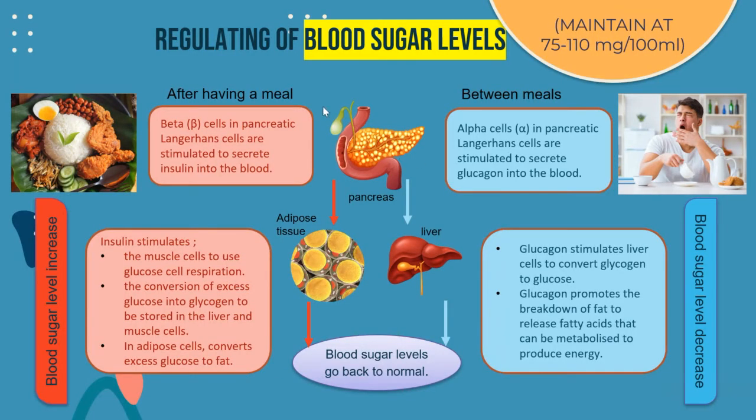Okay, next we go to the regulation of blood sugar levels. Our normal range of blood sugar level is 75 to 110 milligrams per 100 ml.